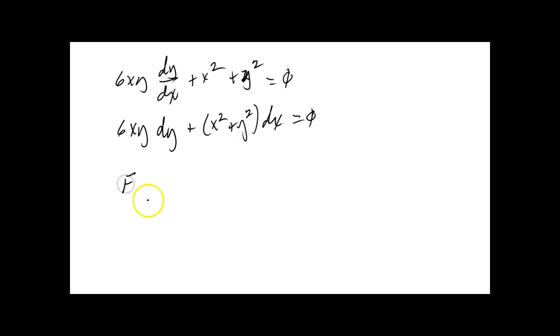Now, I never have liked this form, but you can do it. F of x, the independent variable, y, the dependent variable, but also y prime, comma, y to the nth. In other words, the nth derivative of y is equal to 0.